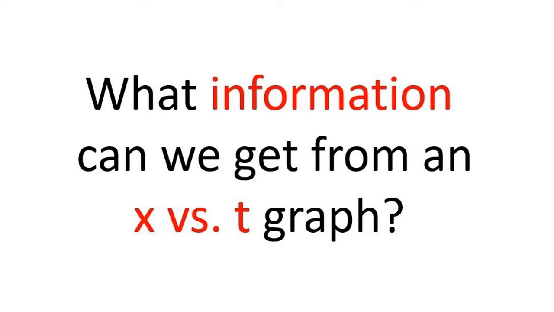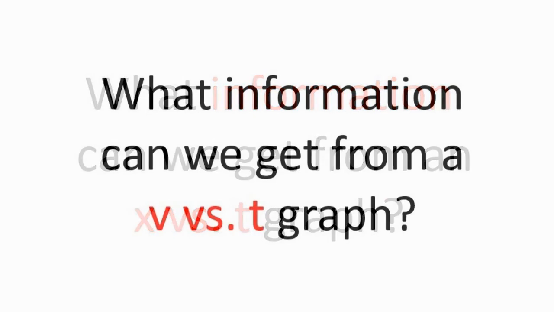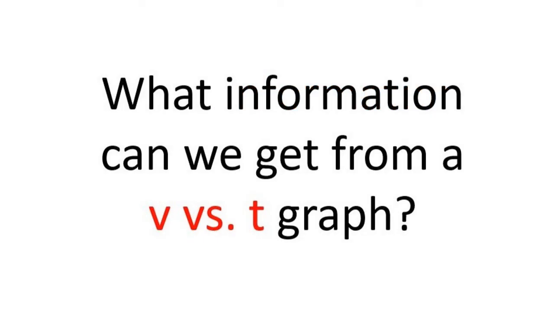The other graph that we looked at was a velocity versus time graph. So what information can we get from that? Well, again, we can learn how fast something is going and in what direction it's going, either forward or backward. And we can also calculate the slope of the line to get the acceleration.